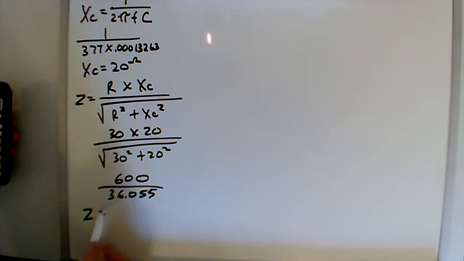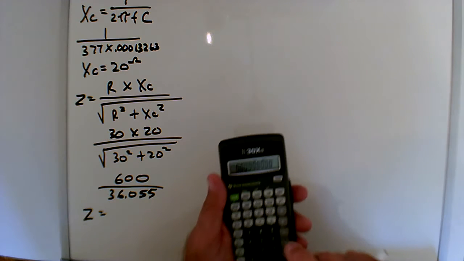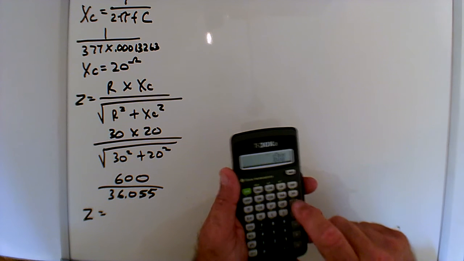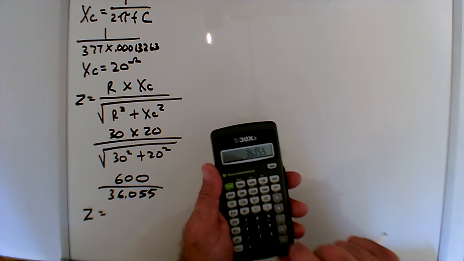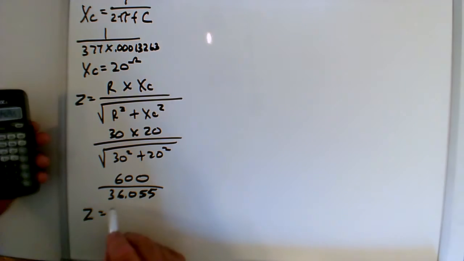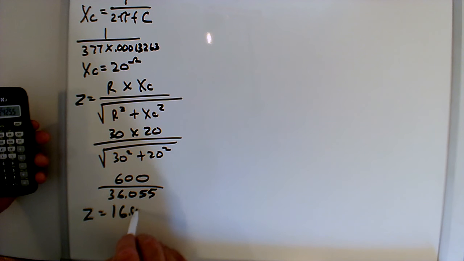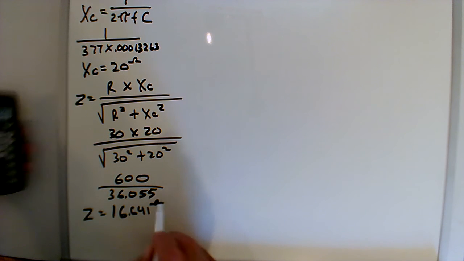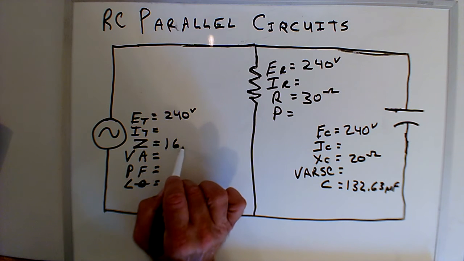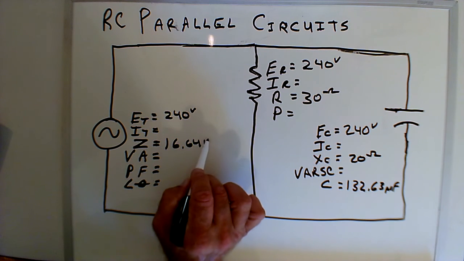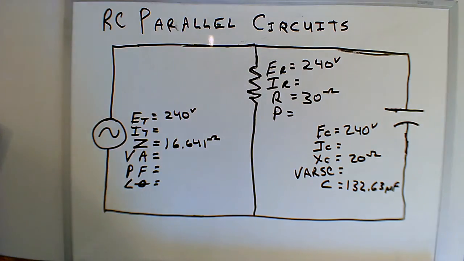So in this case, if I solve that, I will know what Z is equal to. 600 divided by 36.055 equals 16.641 ohms. That's our ohm value. Our total impedance, Z, is 16.641 ohms. So now we know the total impedance of the circuit.